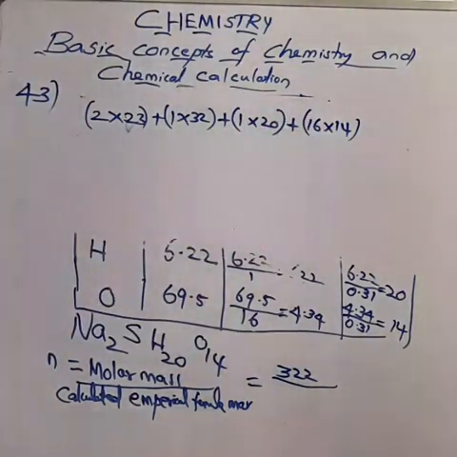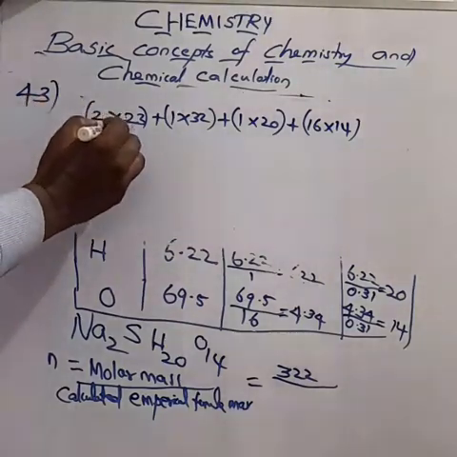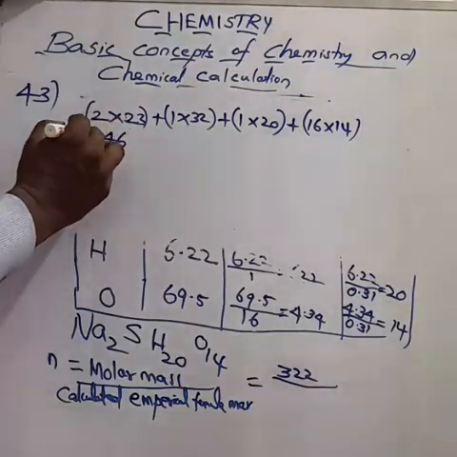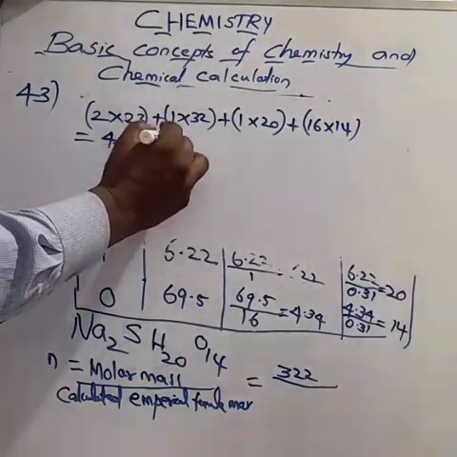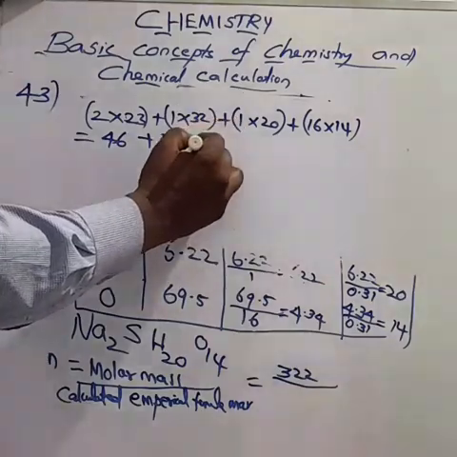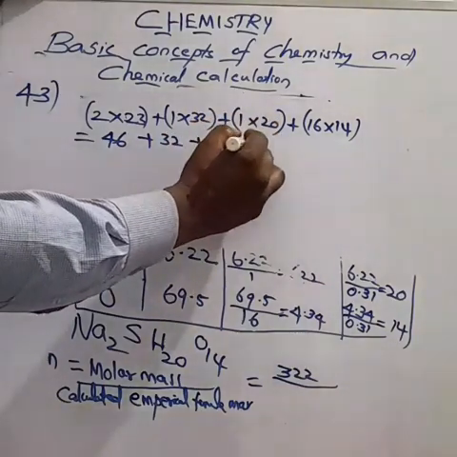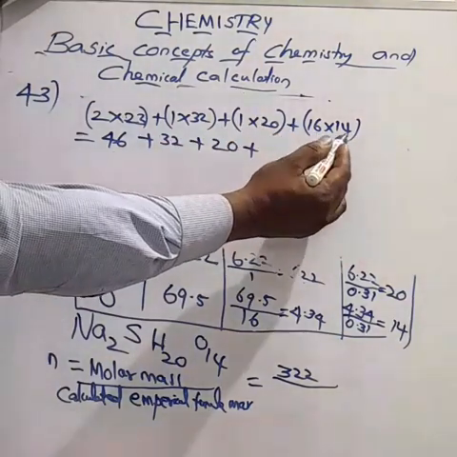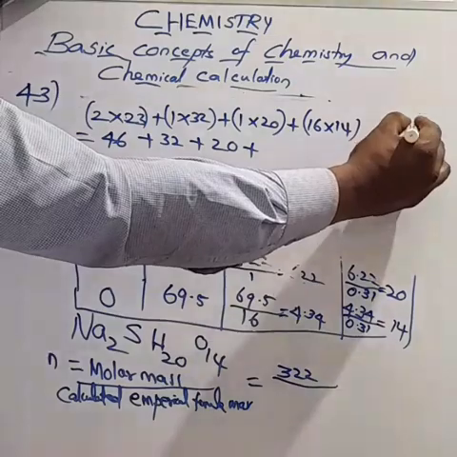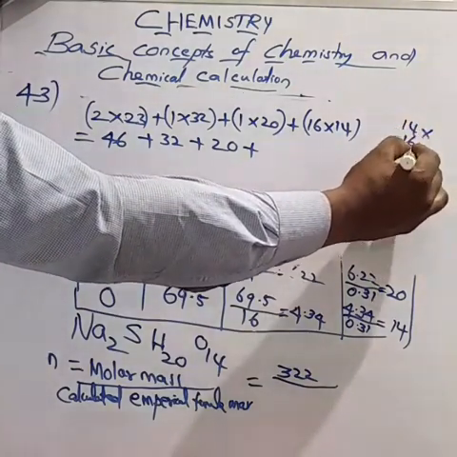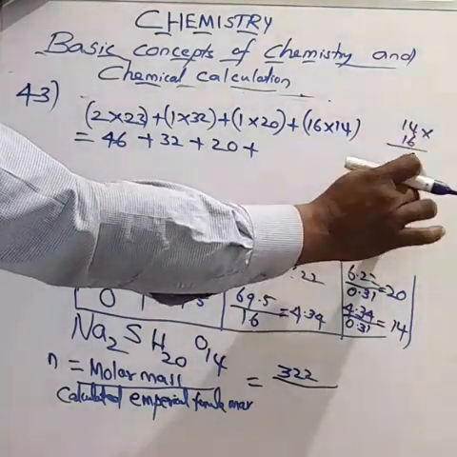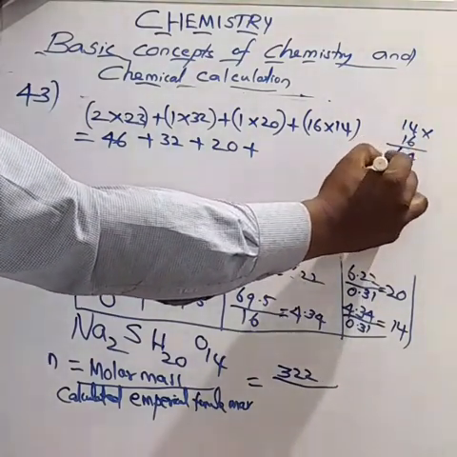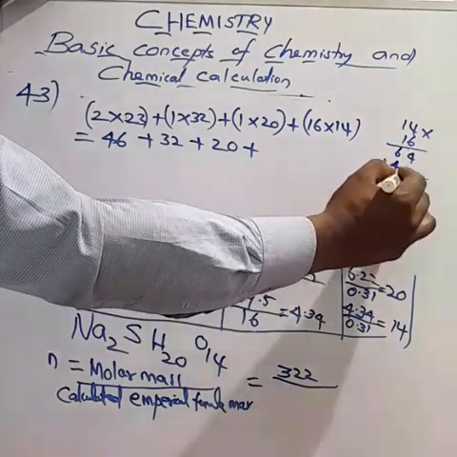So next we have to write 2 into 23 plus 1 into 32 plus 1 into 20 plus 14 into 16. What is the answer? 2 into 23 is 46, plus 32, plus 20, plus 14 into 16, which is 224.